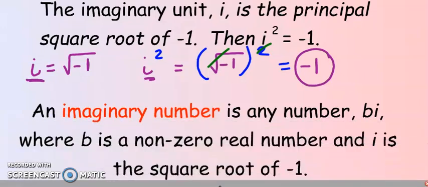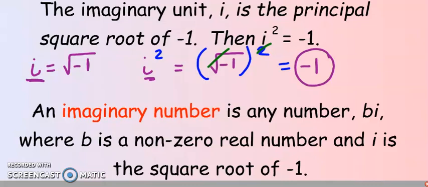All right, so the whole thing we just talked about was i, the imaginary unit. Now let's go a little more in depth with our imaginary number. It says an imaginary number is any number bi, where b is a non-zero real number, and i is the square root of -1.